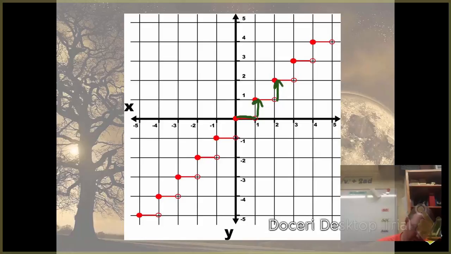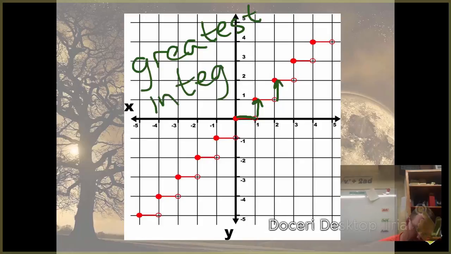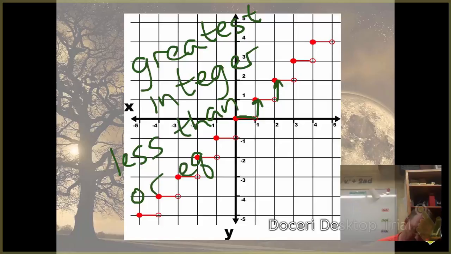Because remember, it was the greatest integer less than or equal. So don't forget that "or equal," because that's where we get these closed-in circles and empty circles.